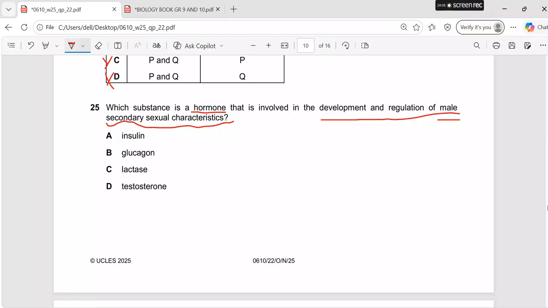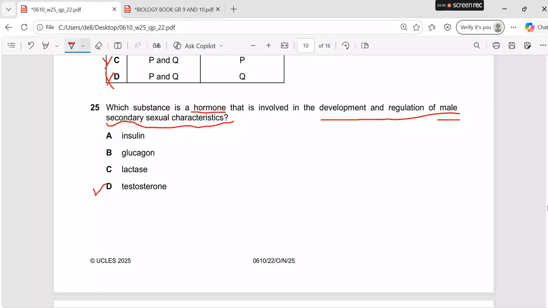So, which hormone is involved in the development and regulation? If we talk about the hormones, again, it will be a very straightforward question. Those who revise carefully and regularly will directly go for D, that is testosterone. But why are we eliminating A, B, and C?